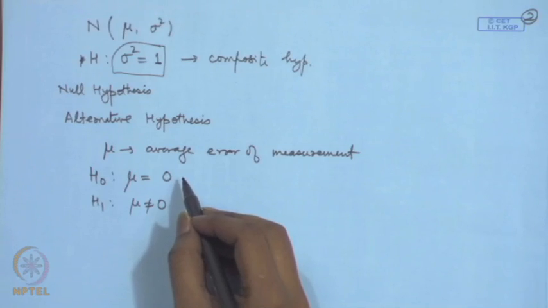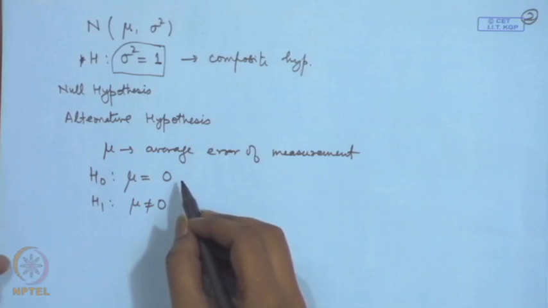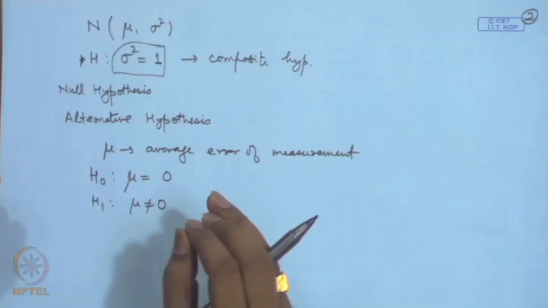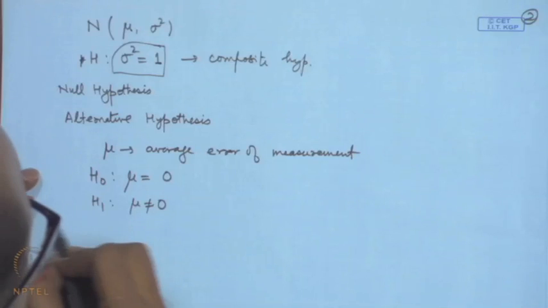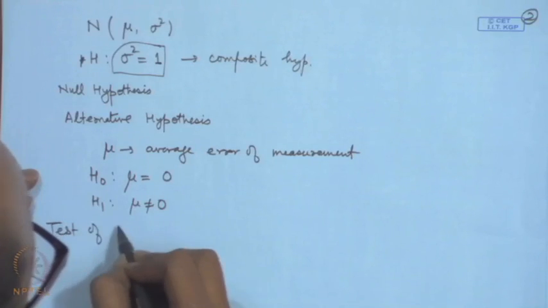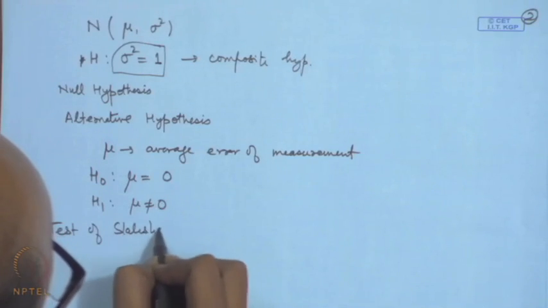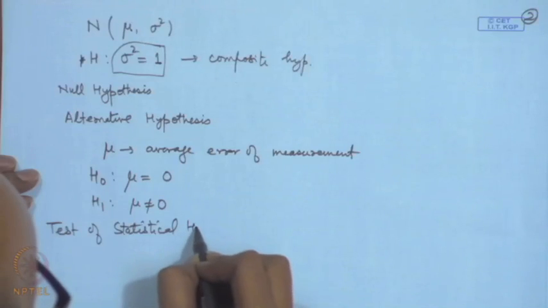Now, when we introduce the problem of testing of hypothesis, ultimately we have to check whether the hypothesis is consistent with our given data or not. When we test with respect to our given data, it is called the test of statistical hypothesis.